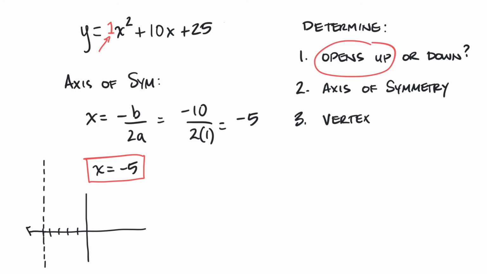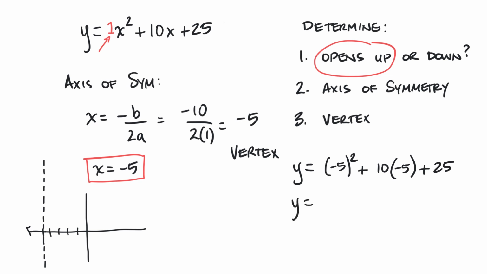Now, let's get the vertex. And all we have to do to get the vertex is we take this value and we plug it in for x up here and find out what y is. So we get y equals x squared, negative 5 squared plus 10 times negative 5 plus 25.